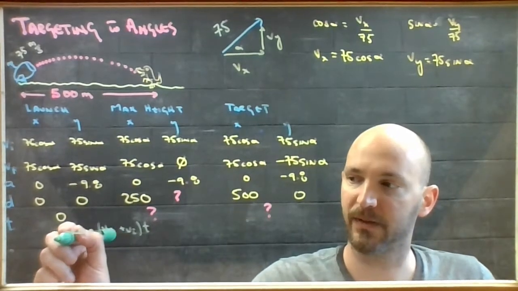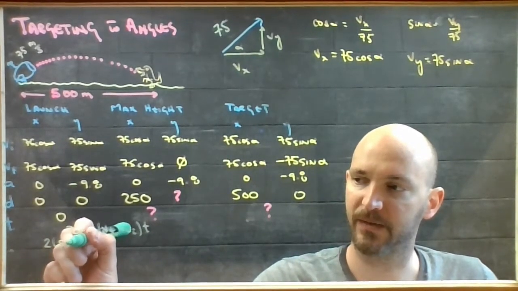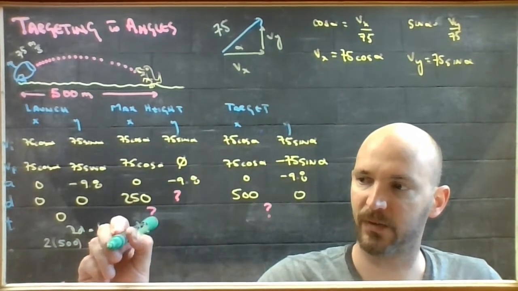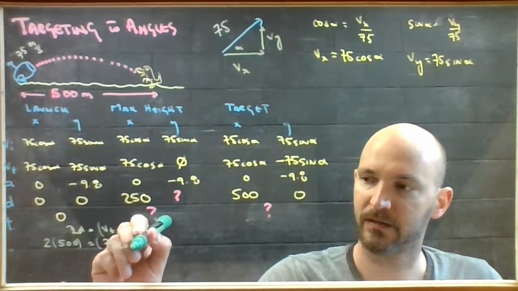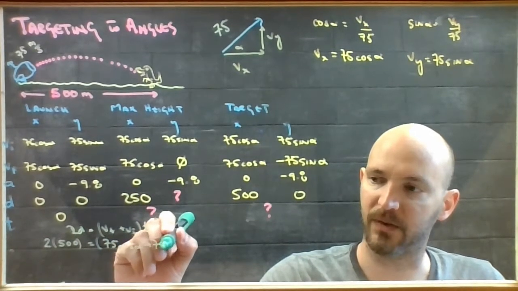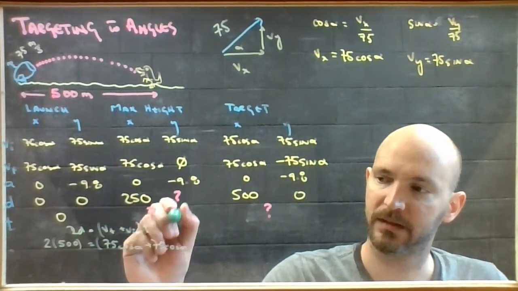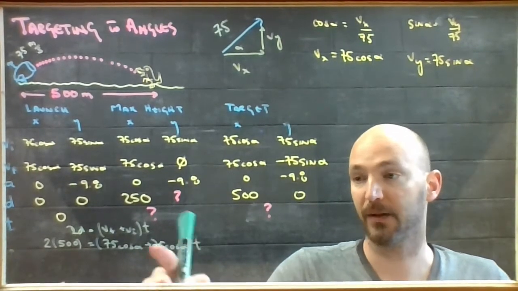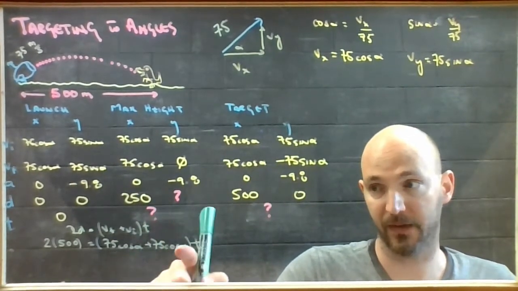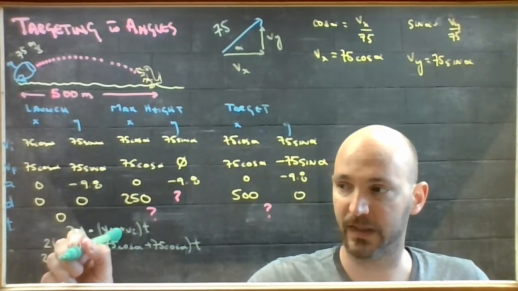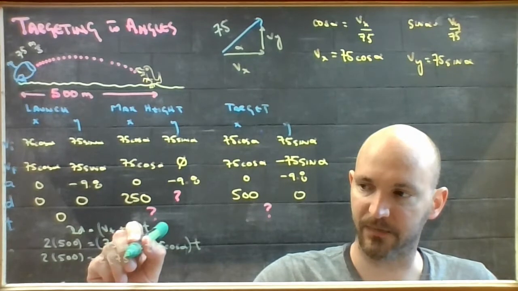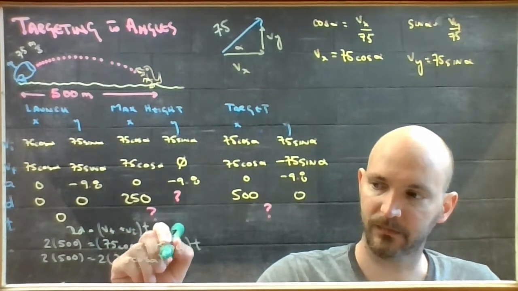Distance is 500, so 2 times 500 equals 75 cos alpha plus 75 cos alpha t. Now I'm going to write this: a 75 cos alpha and a 75 cos alpha is 2 75 cos alphas.